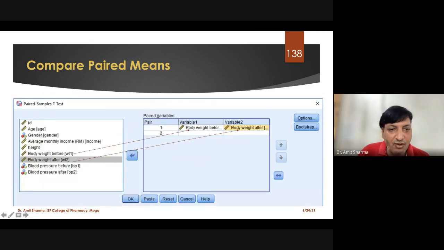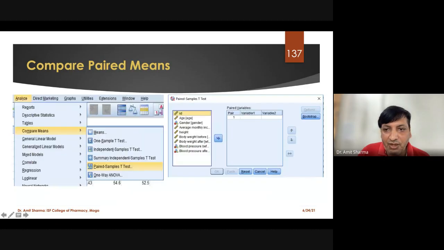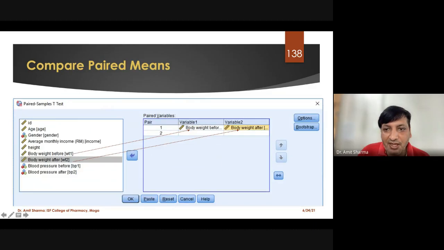As you can see, I have already moved body weight 1 and body weight 2 into Pair 1. As Pair 1 is completed, the software makes another line for Pair 2, which you cannot see in the previous slide. If it is a requirement of your project, you can add variables for Pair 2, otherwise you can run the test.